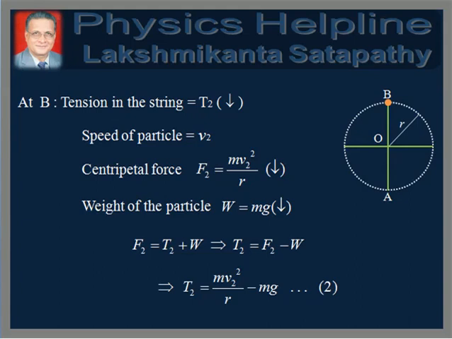The centripetal force has to be provided by tension T2 and weight W. Therefore, we have F2 is equal to T2 plus W, which implies T2 is equal to F2 minus W, which is equal to mv2 square by r minus mg.